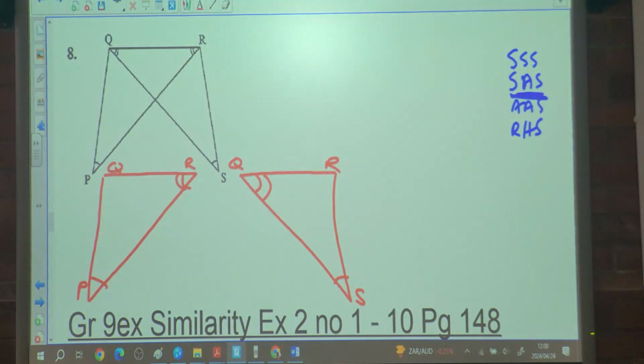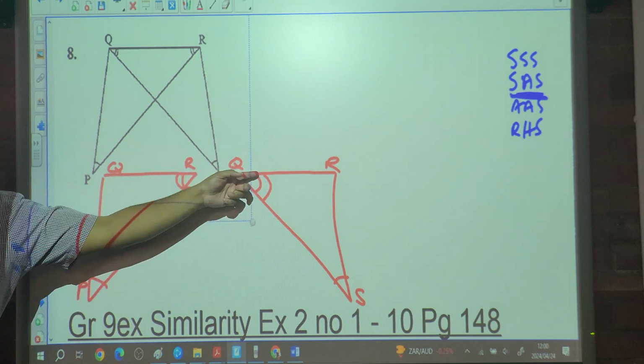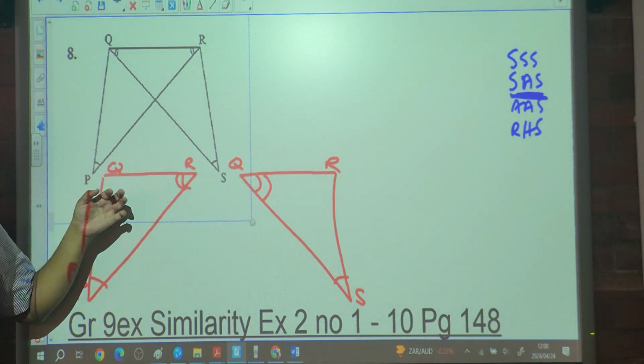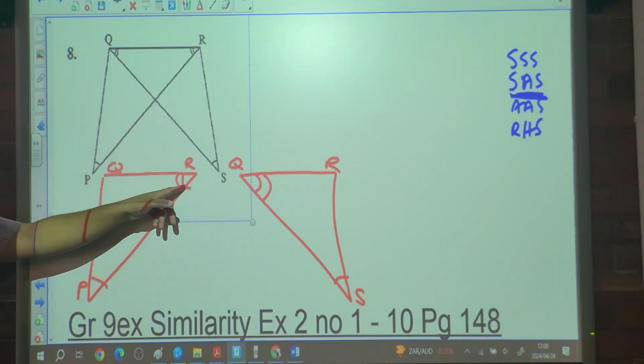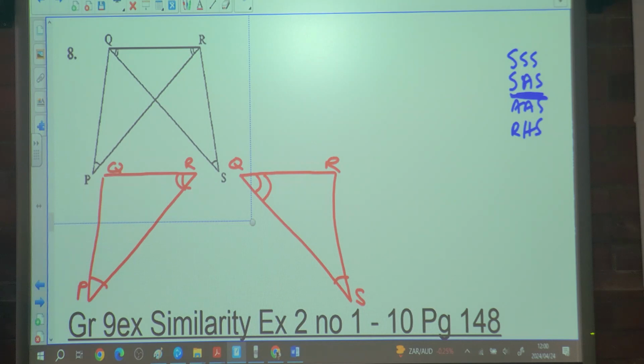Do we have at least one side that is equal? Which is the side? QR or RQ. As you can see, it's a common side. It's in both triangles. So what case of congruency is this? Angle, angle, side. Can you see that, people?